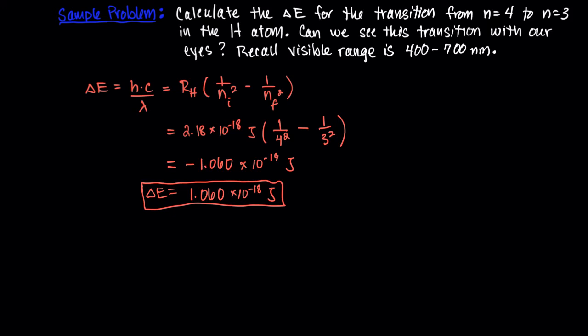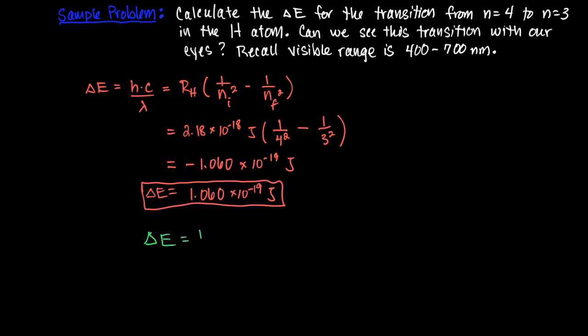So the next part is, can we actually see this transition with our eyes? And the way we want to answer that is to determine the wavelength. I wrote minus 18th back up here. I wanted to write 19. All right, so going back, the way we want to answer this is to relate the energy to the wavelength using the Planck-Einstein relation.